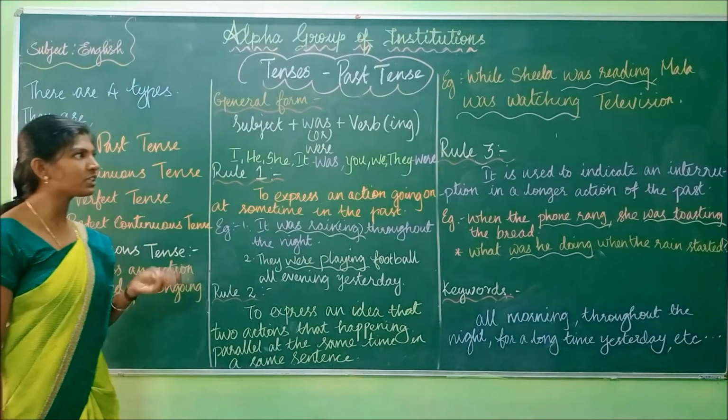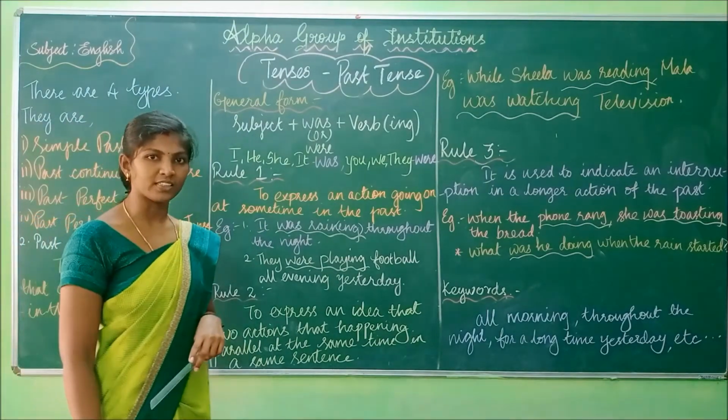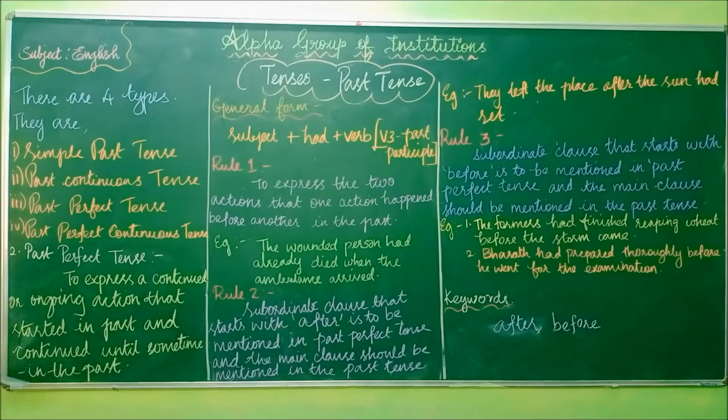Okay, children, next we have past perfect tense. Past perfect tense is used to express a continued action that started in the past and continued until some time in the past.